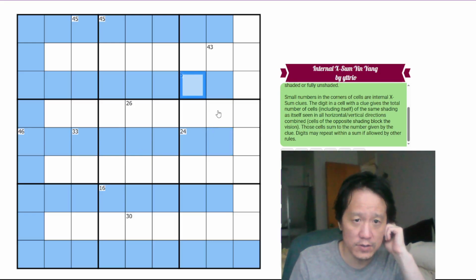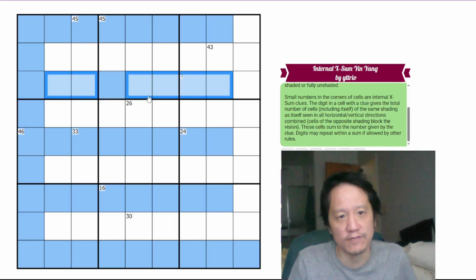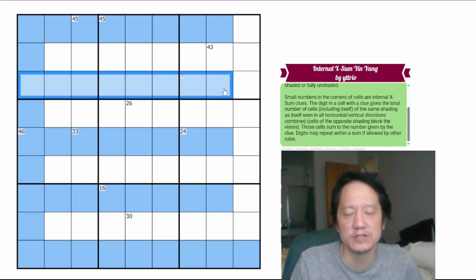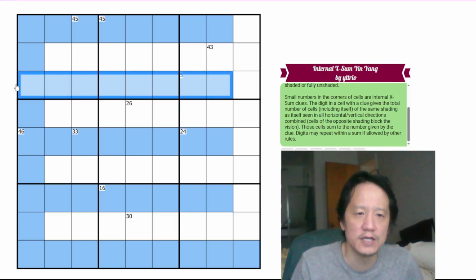This cell says that all the shaded cells it sees horizontally and vertically, and it would see all of these because there are no unshaded cells blocking the view, but it would not see any other cells vertically because it's blocked by the unshaded cells here. So all of these cells must add up to 5.